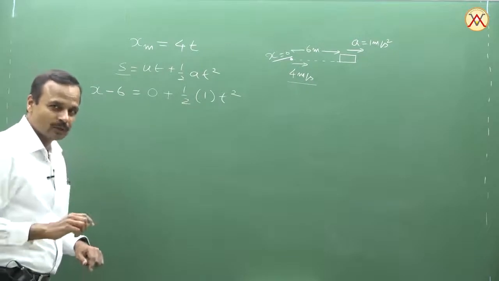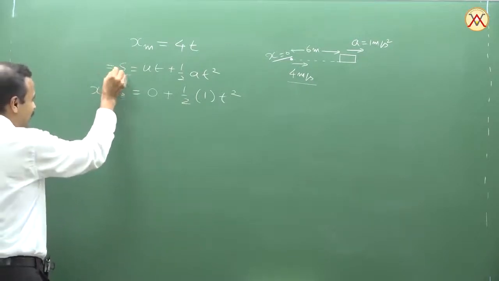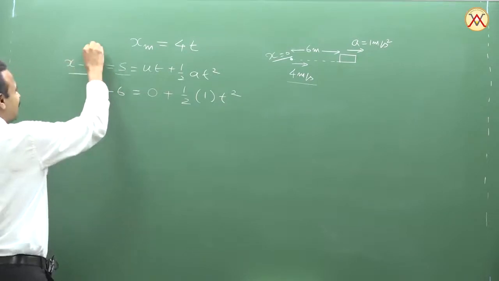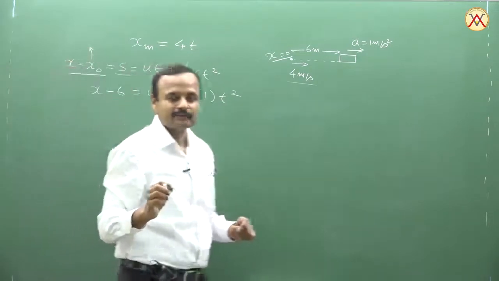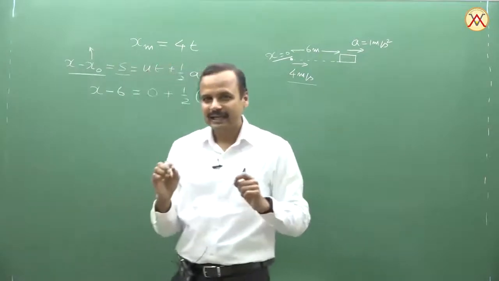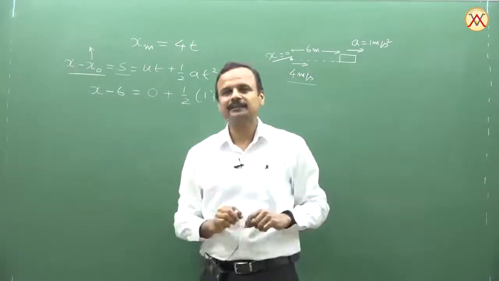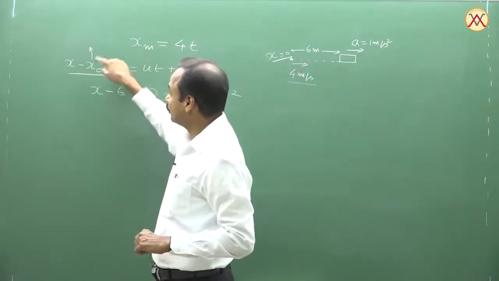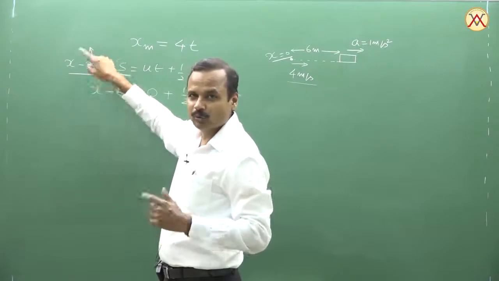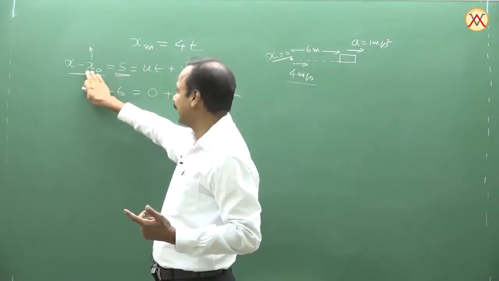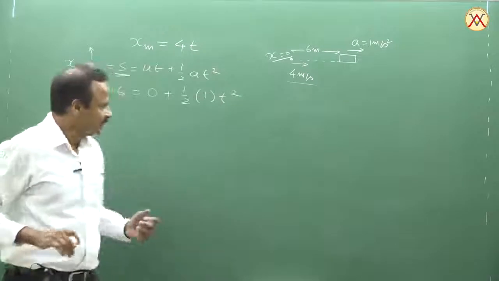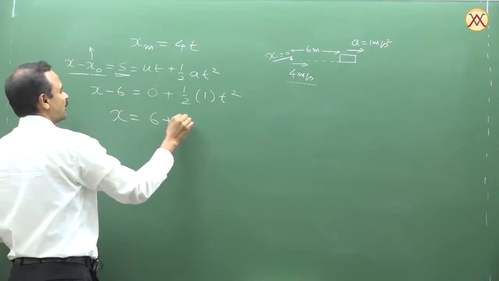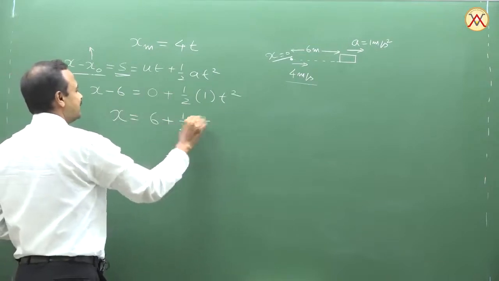If I want to write the coordinates, I may have to replace this x by x minus x naught, where x naught is the position of the bus at t equal to 0. Because s is the displacement from this position, the coordinate at that point we can get by adding x naught to it. So the x coordinate of the bus will be given by 6 plus half t square.